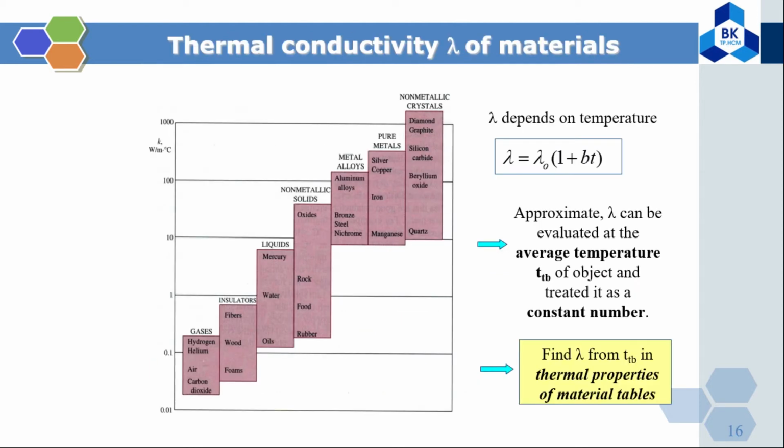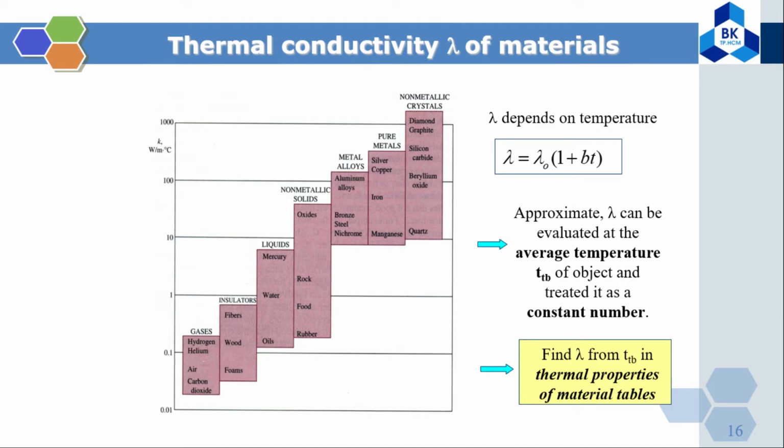Here is the thermal conductivity of some materials. Some materials, like non-metallic crystals such as diamond, graphite, silicon carbide, and quartz, have very high thermal conductivity.